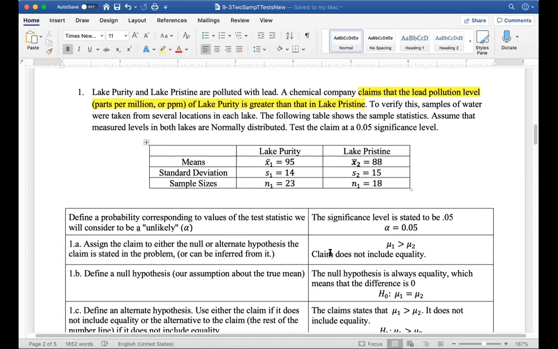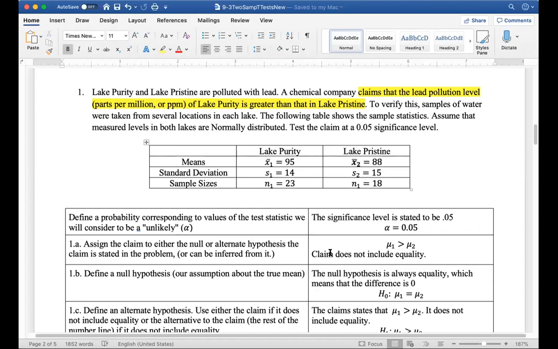We've got the pollution levels in Lake Purity and the Lake Pristine pollution levels. And they're taking samples of water from both, so they've got two samples, a sample from the first one and a sample from the second one. And we're given the data from both of those.